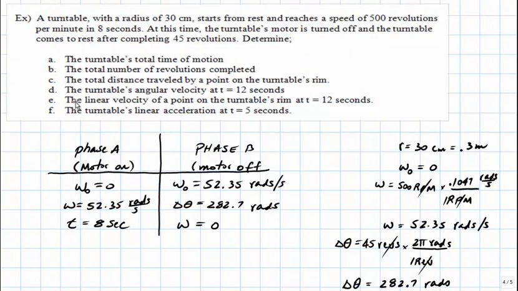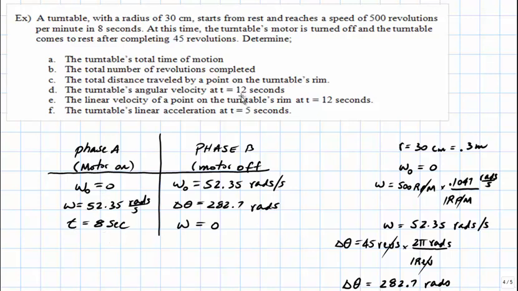In part D, we would like to determine the turntable's angular velocity at t equals 12 seconds. That's a little tricky. First of all, we have to determine the phase in which we are in when t equals 12 seconds. As you can see from our chart, phase A ends after 8 seconds.